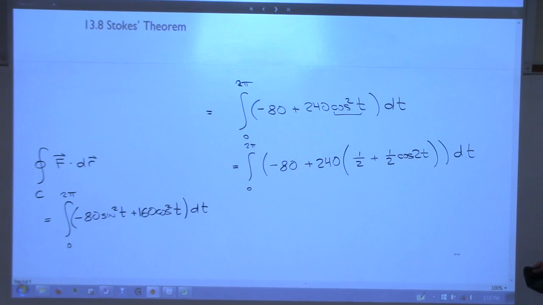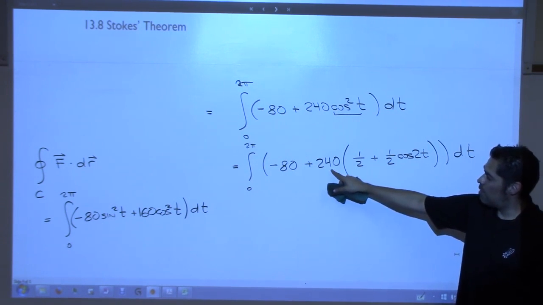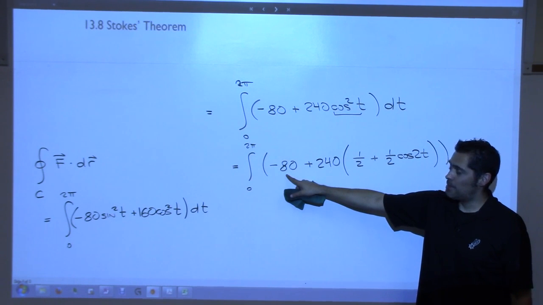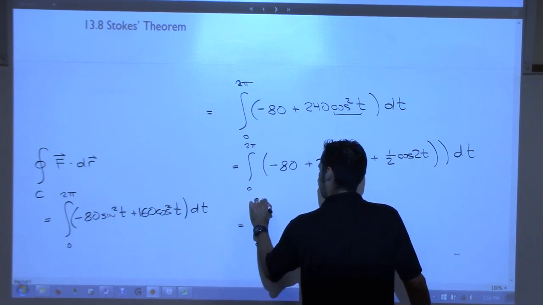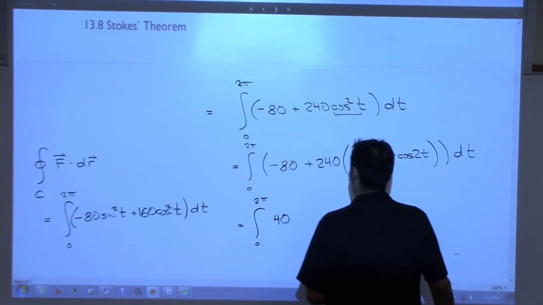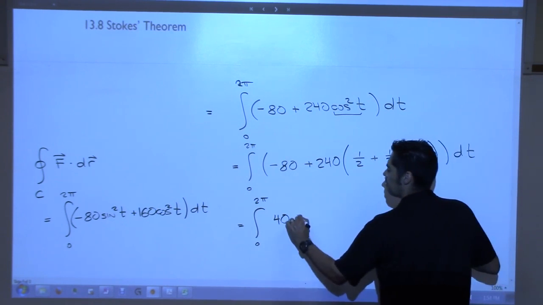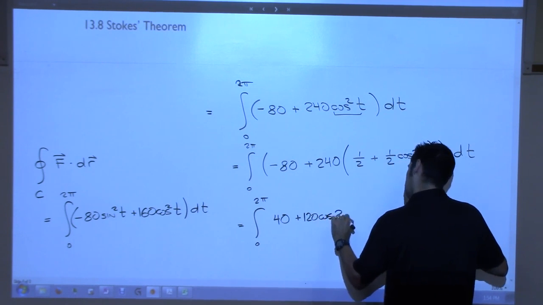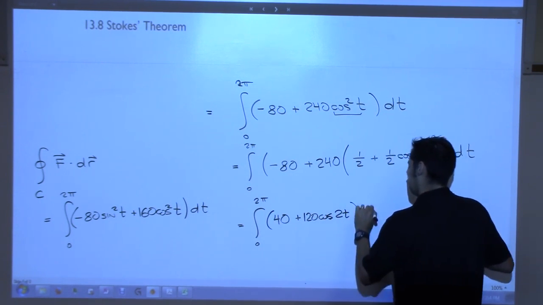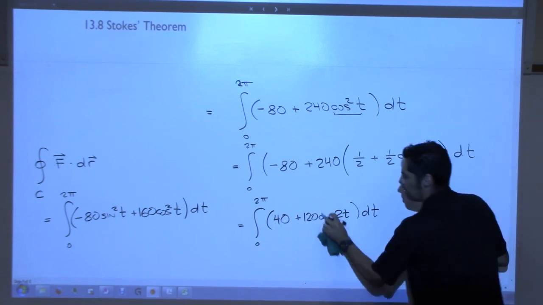Distribute the 240 through. So half of 240 is 120 and minus 80, 40? Okay, so we have 40, and then plus 120 cosine 2t dt. Can you all see that?